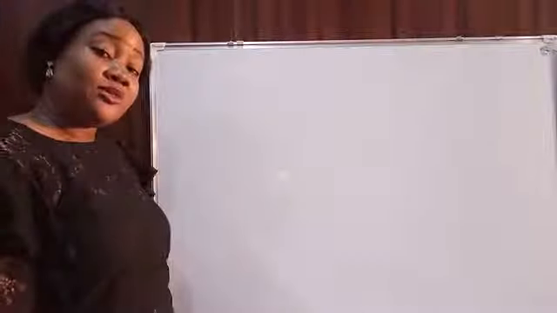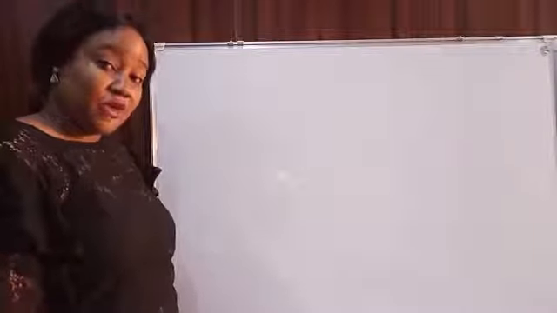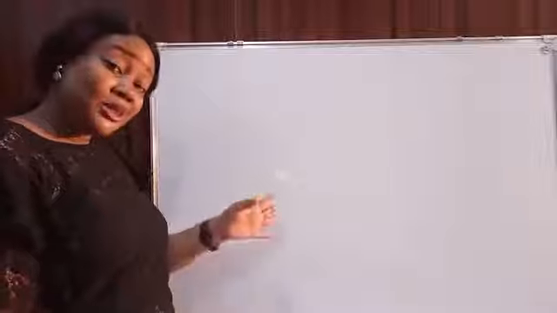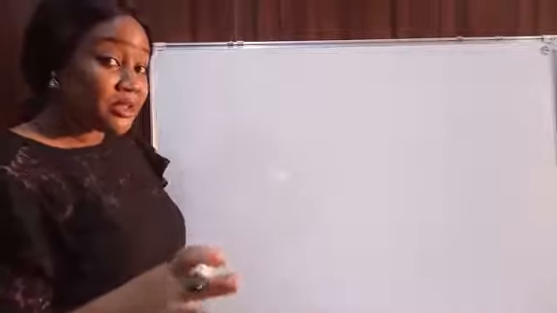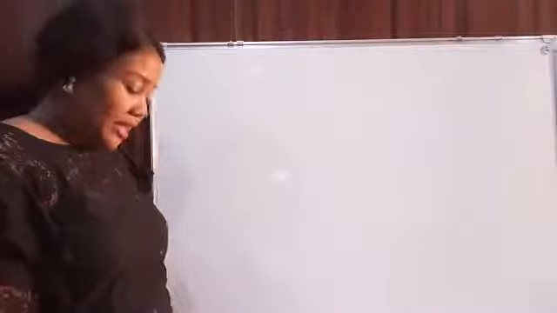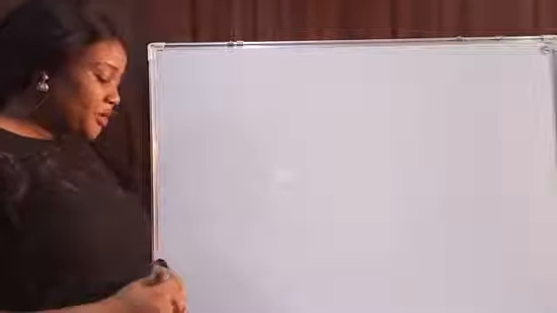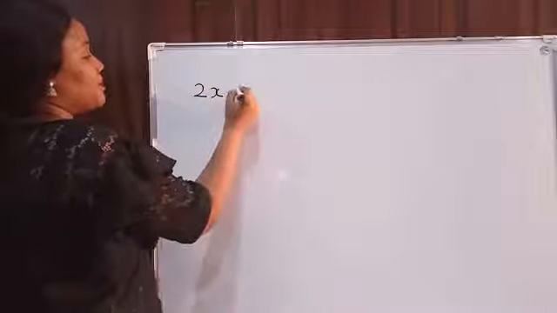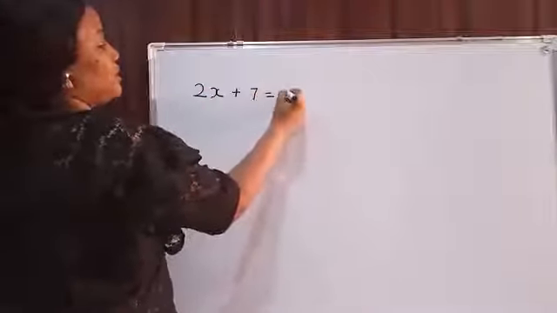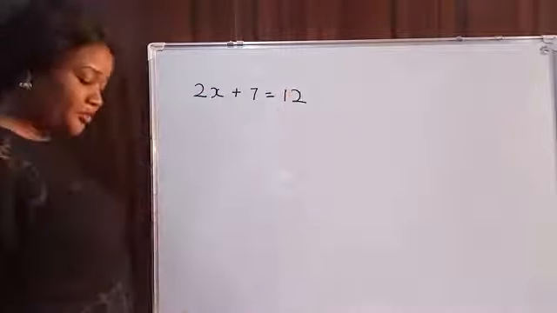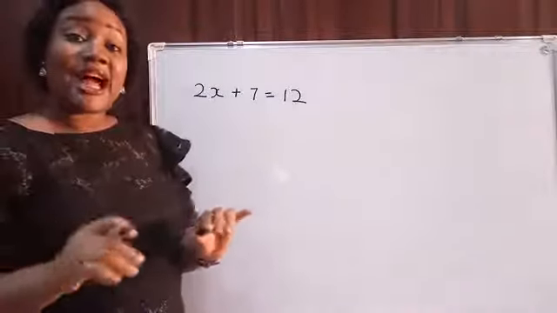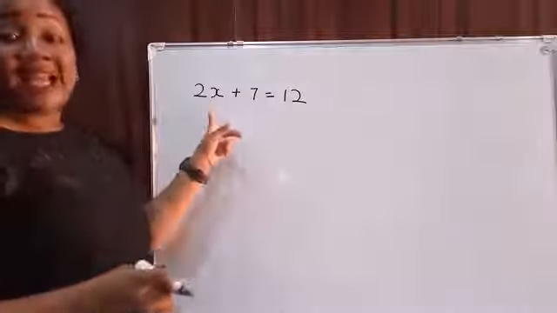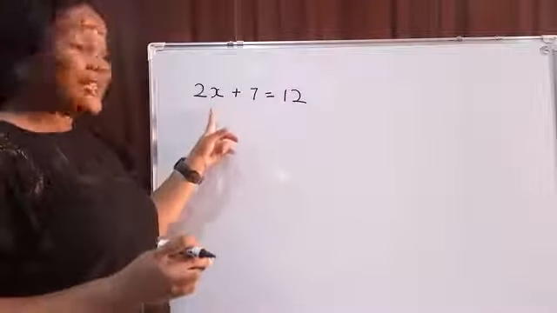So let's solve an equation that has both the addition, multiplication, and division aspects. Let's take, for example, 2x plus 7 equals 12. Remember, what we want to do is to find x, to isolate x.